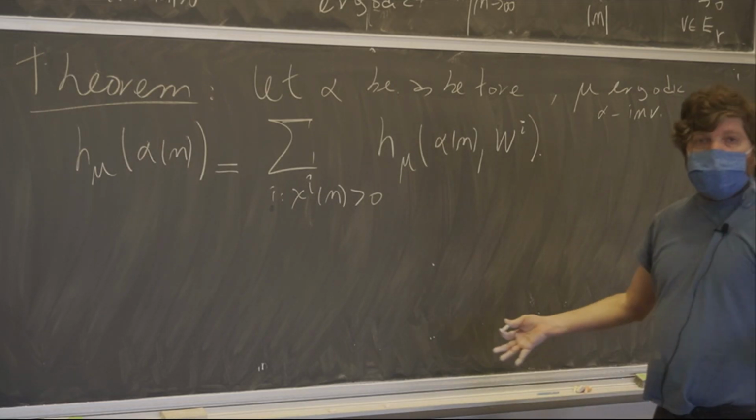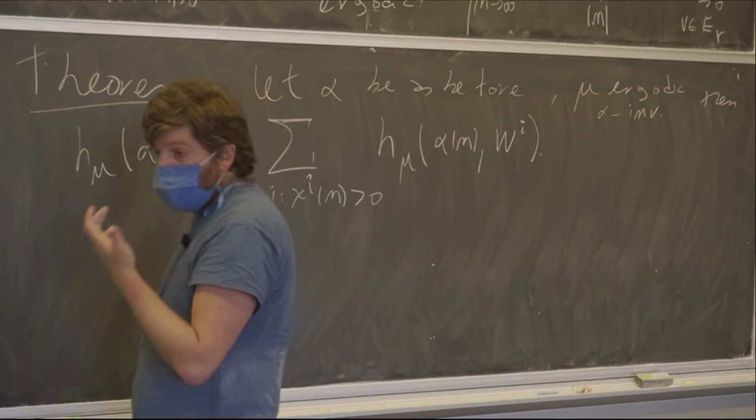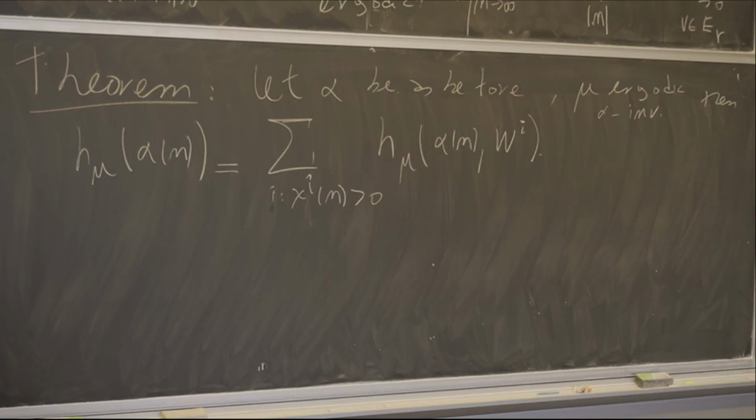So the entropy is split into the sum of the contributions of all the quarks. Each quark has some contribution to the entropy, and then you add all these contributions and you get the total.